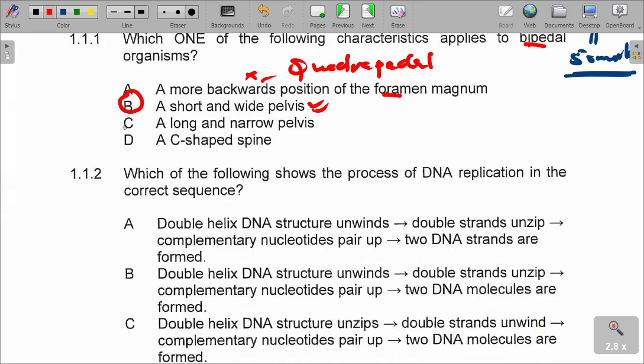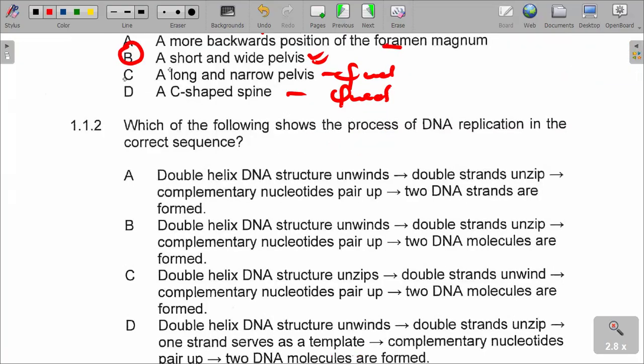A bipedal organism has a short and wide pelvis compared to the quadrupedal, which is long and narrow. And then for a human being, the spine is S-shaped. For a bipedal it is S-shaped. So the answer is B.